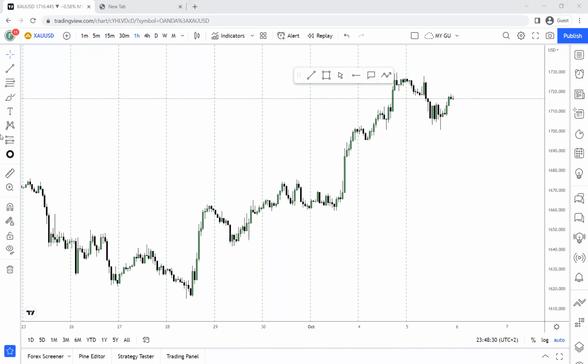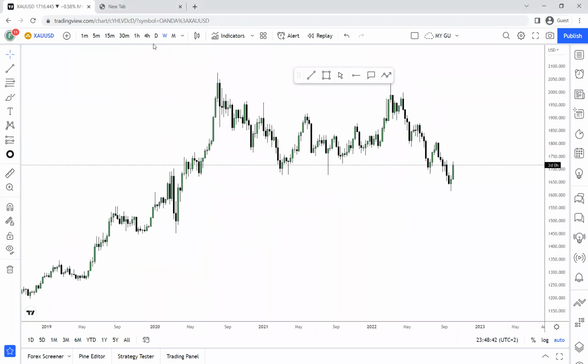If we were looking at it on the weekly time frame, we will not be saying market is moving up. All right. If we go on the weekly time frame, we can see market is moving down. As you can see, market was moving up, right?